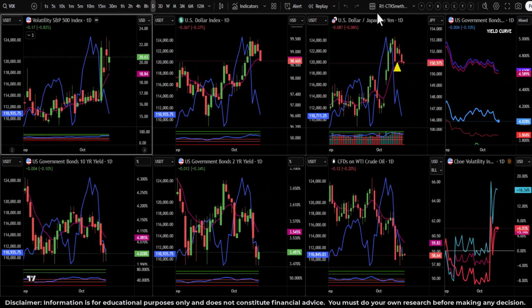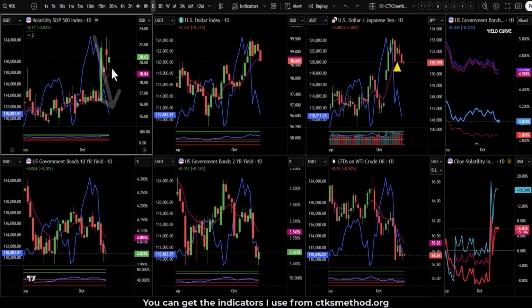Looking through row 1, which is the VIX, the volatility gauge of the main markets, dollar, yen, 10-year, 2-year, and oil, we can see that the VIX has spiked up. That spike up in the VIX was responsible for Bitcoin coming down. A lot of people said that they didn't know or couldn't anticipate that Bitcoin could retrace so wildly.